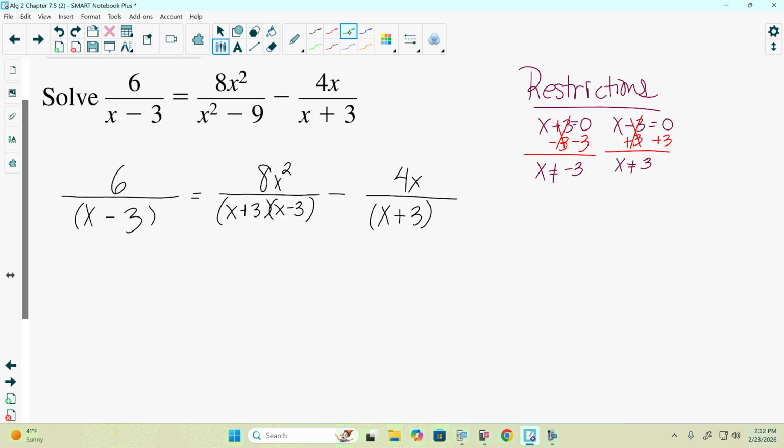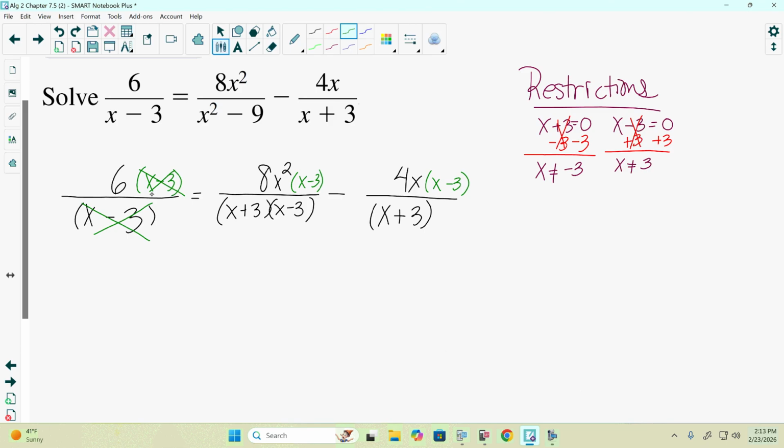So now that we have our restrictions, let's see what we need to multiply everything by. So that's one expression we need to multiply the whole thing by: x minus 3. And if we multiply everything by x minus 3, our far left rational expression, the x minus 3 over x minus 3, would reduce.